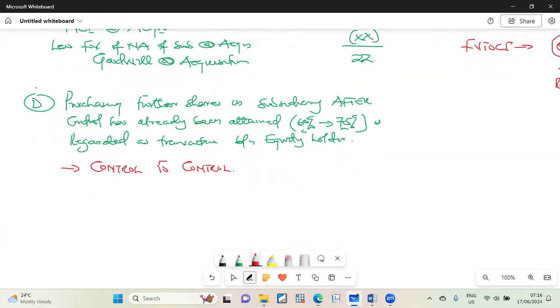So let's say what happens? Increasing shareholders in subsidiaries. And I'm going to change the percentages small. So let's say we have what we have in this particular scenario.